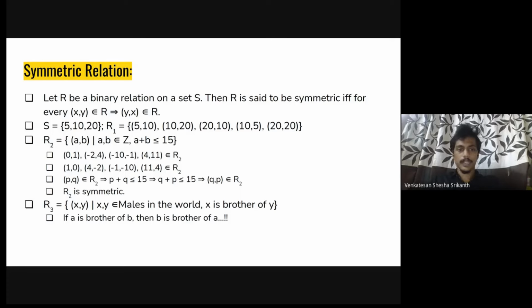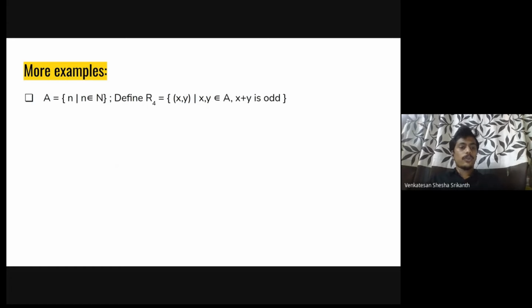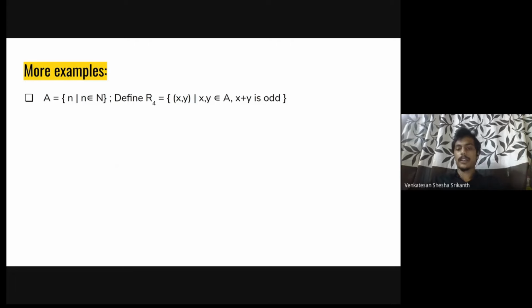Let's look into some more examples of symmetric relations. I define a set A containing all the natural numbers, and I define R4 such that the ordered pair (x, y) is taken from A and x plus y is odd.